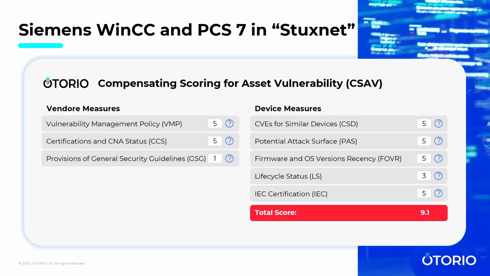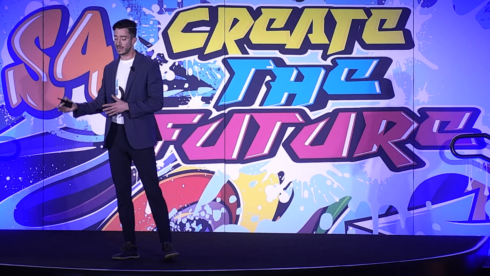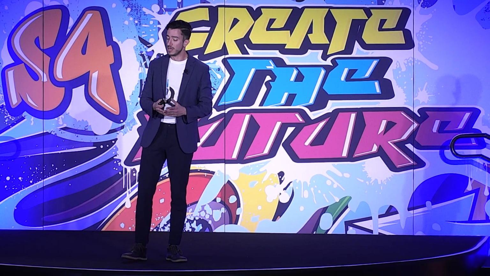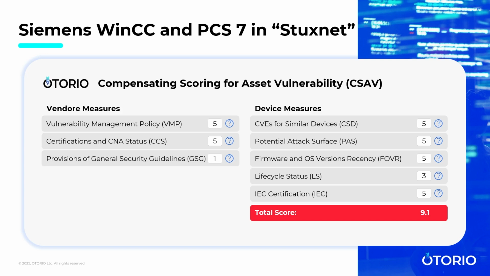When we look at the actual products, again PCS7 and WinCC, no CVE was published, even for similar devices like TIA 2000 and things like that. From a potential attack surface perspective, no specific configurations to make the product more secure.